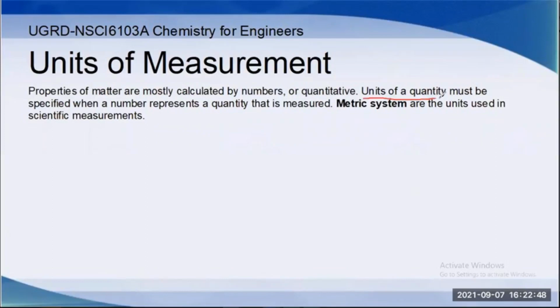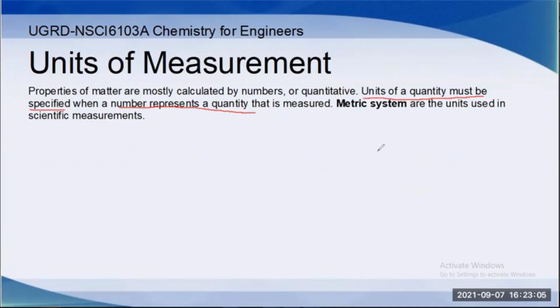Units of a quantity must be specified when a number represents a quantity that is measured. What this is actually trying to say is that when you are stating a quantity, state what that quantity is all about.